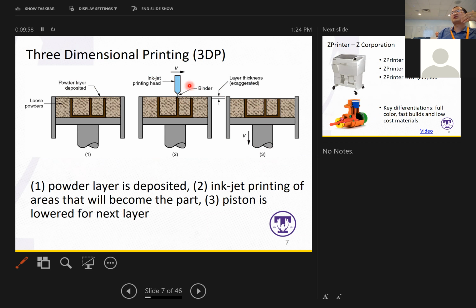So on and so forth. You will have the full 3D object printed, right?